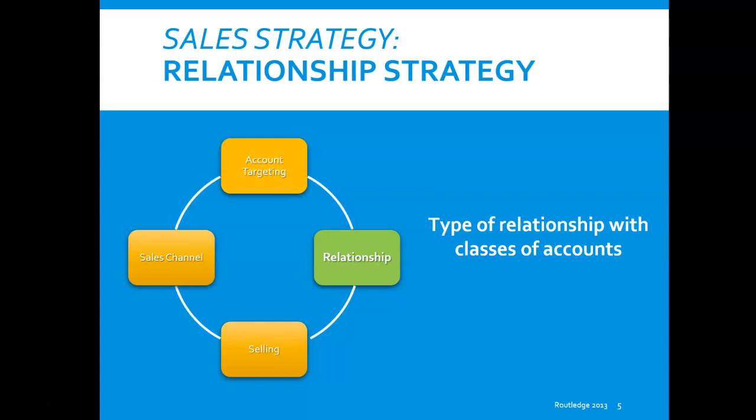It could be transactional if it's an account you do business with occasionally. So that account doesn't need as much touch, or it should not receive as much attention from the salesperson, because that's not where your profitability lies. It lies in the other accounts.